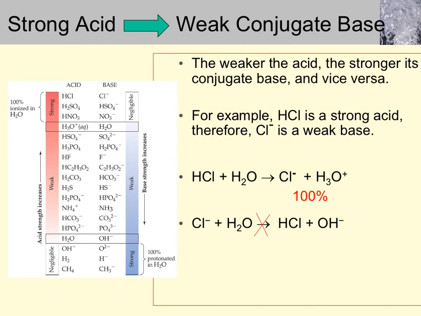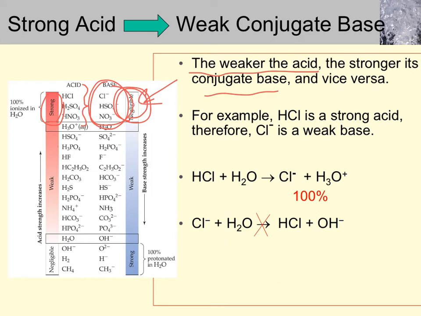I'd mentioned a couple slides ago, the weaker the original acid, the stronger its conjugate base. So look at the top. We actually have, the top 3 are literally strong acids that dissociate 100%. So all of the conjugate bases that go with those strong acids are very, very weak. In fact, they're such a weak conjugate base, almost considered to be negligible basicity.